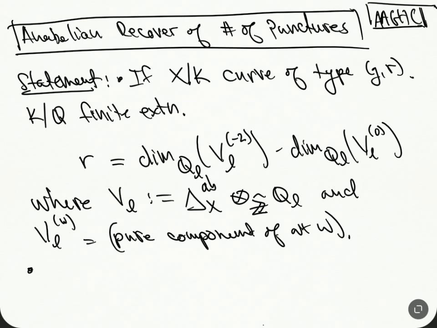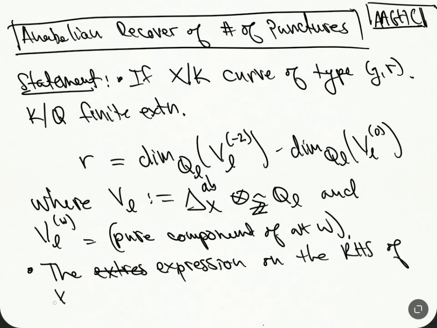The second statement is that the expression on the left-hand side or the right-hand side of star is Abelian. By this I mean that this number completely factors through the absolute Galois group or the fundamental group of X.